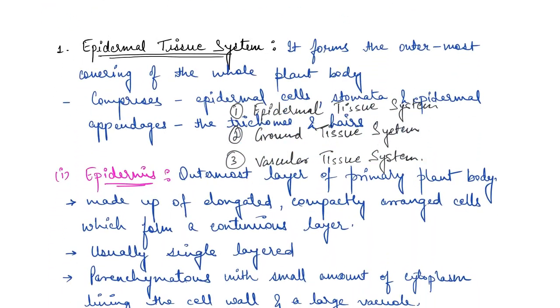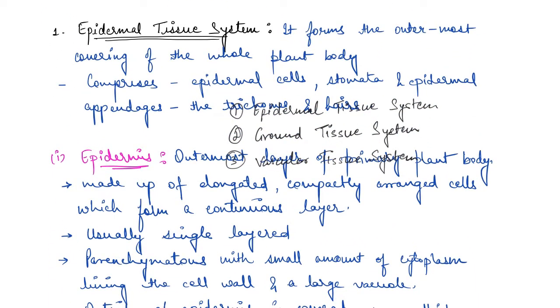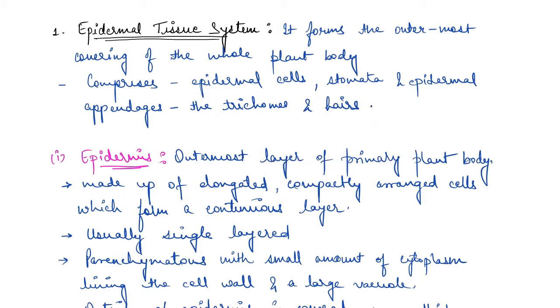Okay, so now the epidermal tissue system basically forms the outermost covering of the entire plant body. Remember that. The epidermal itself means the outermost covering. It comprises epidermal cells, stomata, and epidermal appendages, which are trichomes and hair.